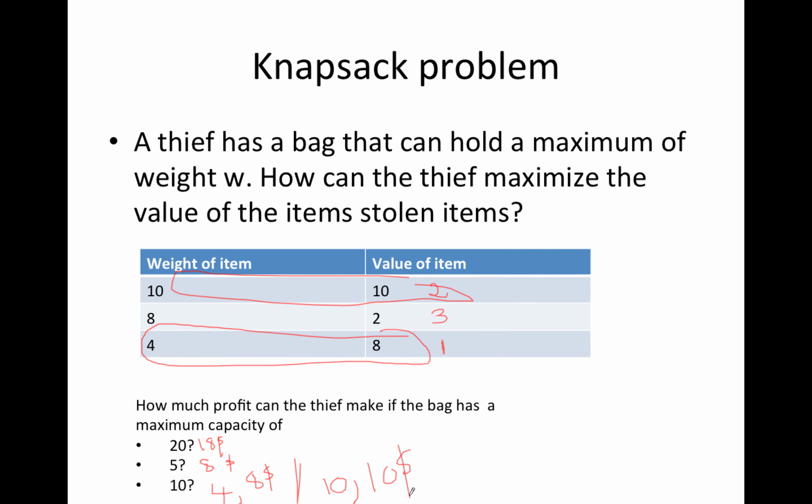So clearly, going with the maximum item or trying to maximize the value by weight ratio does not always lead to the optimal value.